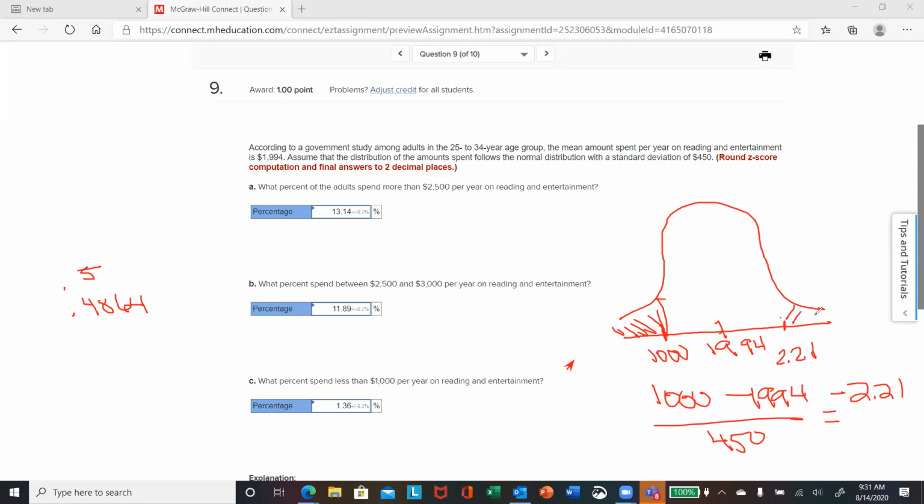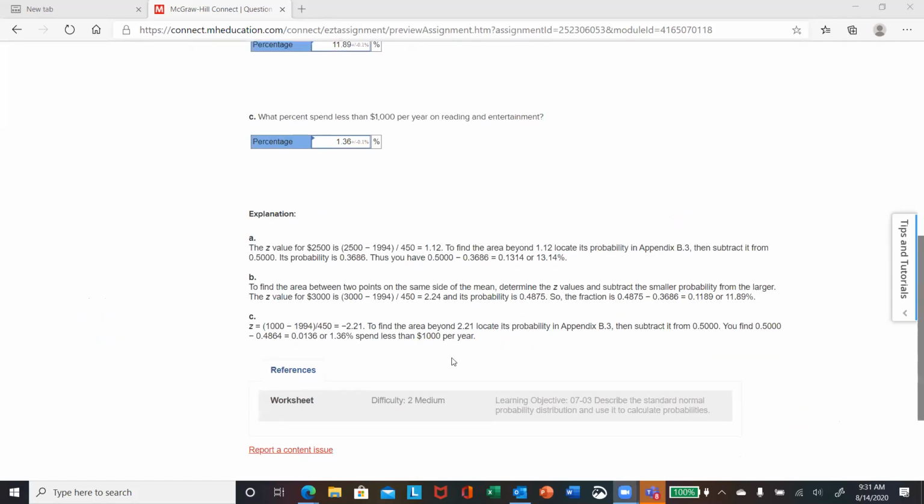We would want the area to the right of that, which is the same as to the left of negative. So you subtract that from 0.5, and of course that should give you your 1.36%. And I believe they show you that at the bottom, right there: 0.5 minus the 0.4864.